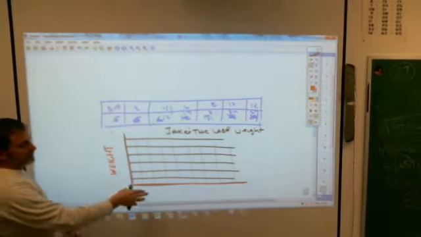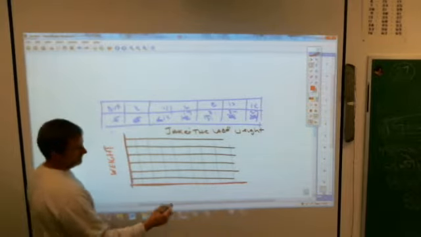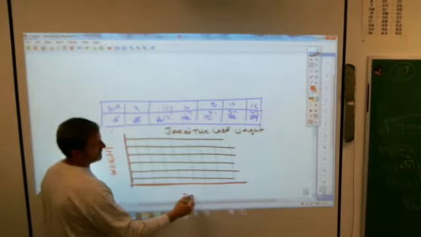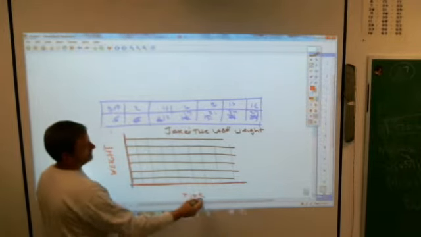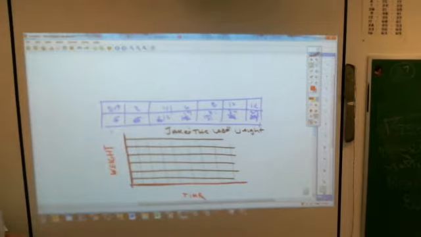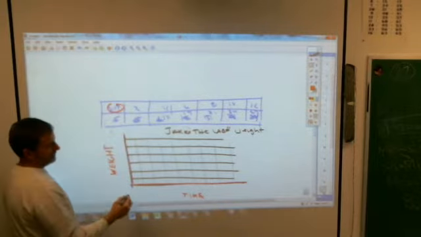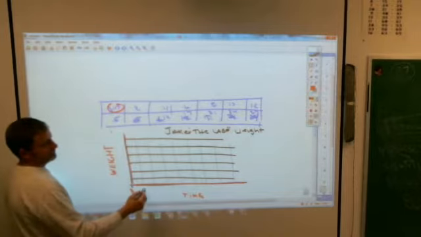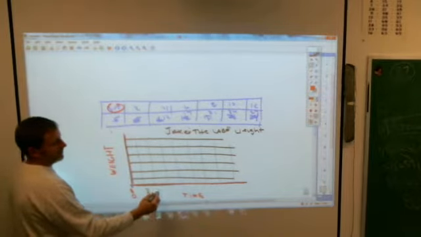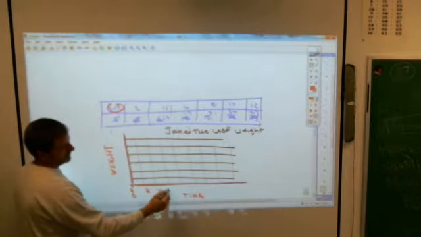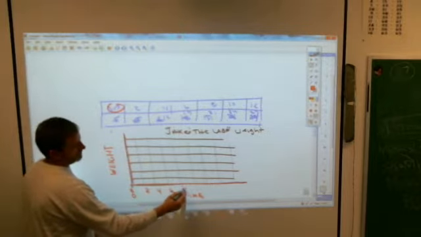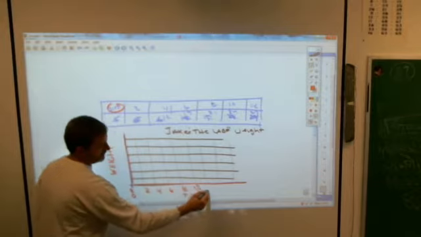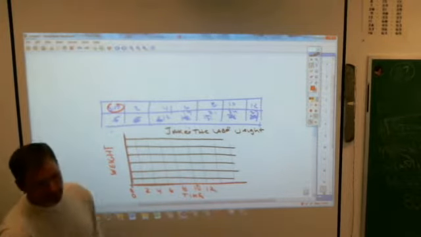If this is the weight, then what's the horizontal one going to be? Pretty easy to distinguish. We can label the horizontal one right away because we know what it's going to be. It is these numbers up here. Here is birth, which is 0 months old. And you're going to label this as 2 months, 4 months, 6 months, 8 months, 10 months, and 12 months. Everybody a label in that thing there?